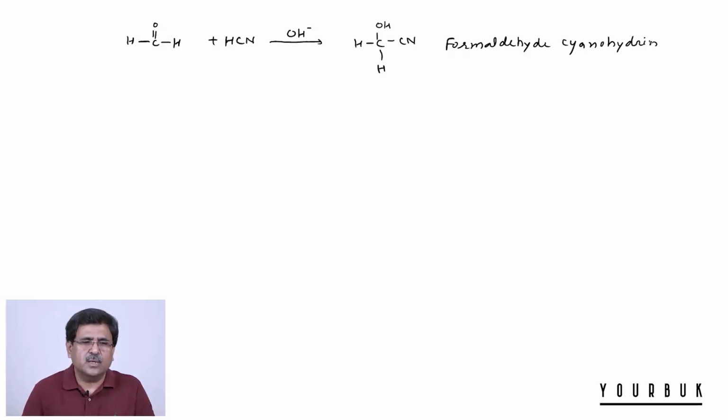And once you have a CN group present, this CN is used as a synthetic intermediate, and as you know, cyanide can be changed into a number of other functional groups like carboxylic acid, amines, like this. For example, this.